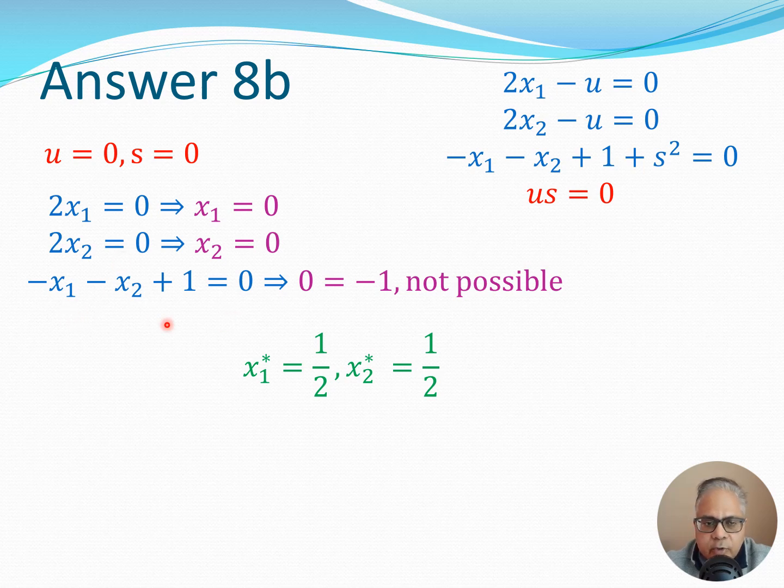What happens in the third equation is that I would get 1 equals 0, or rather 0 equal to 1, which is certainly not possible, and therefore this particular system is also not possible. So the only solution we are getting out of these three cases thrown by the switching condition is x1 star is half and x2 star is half, and that's the solution for this problem.